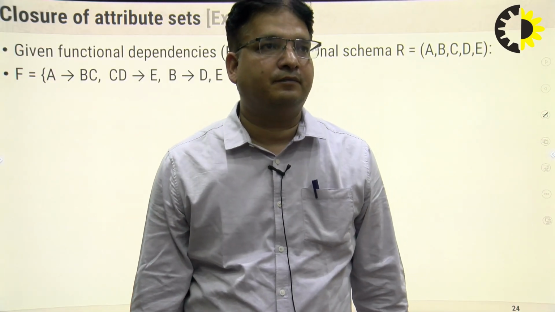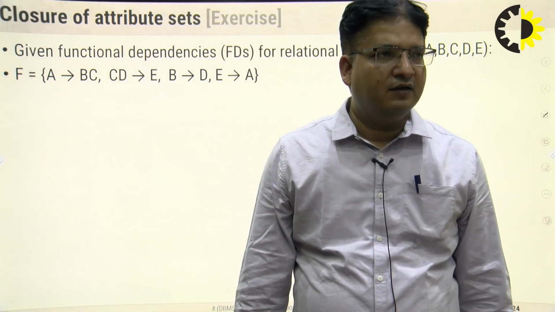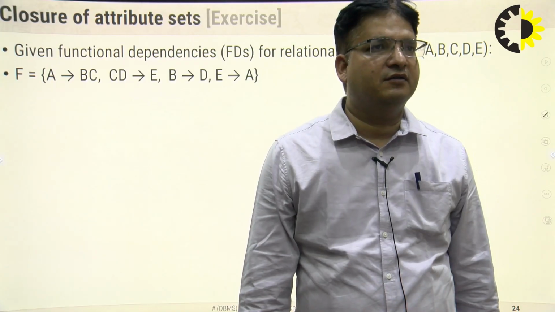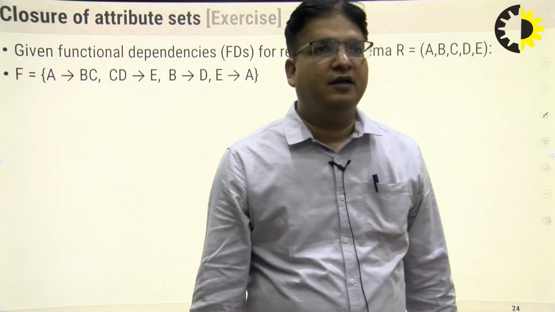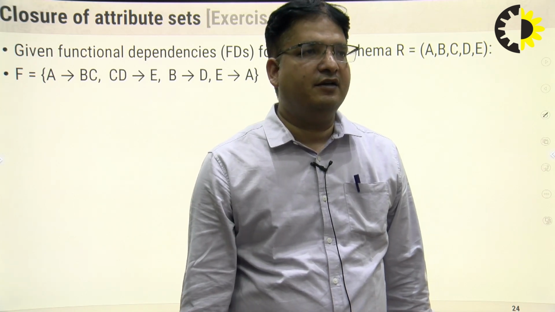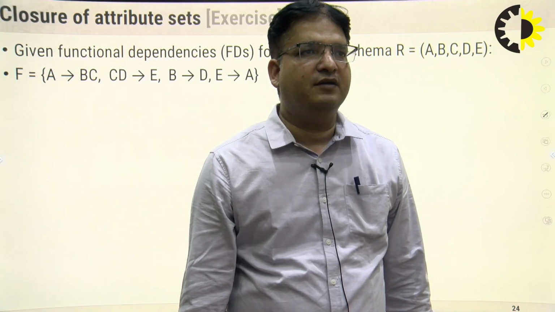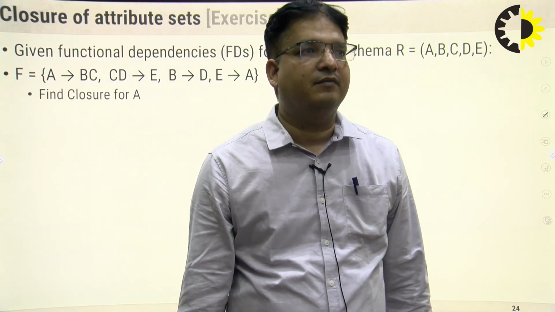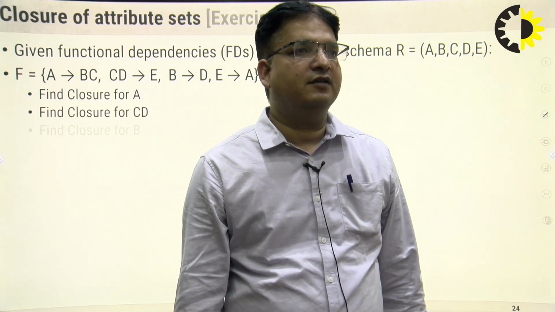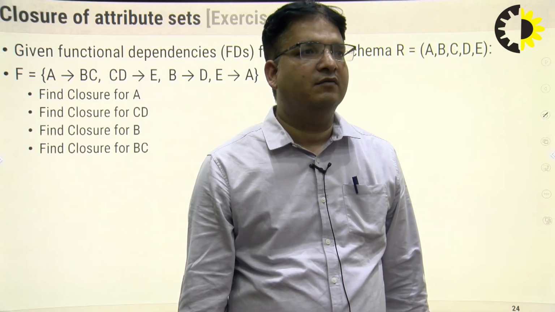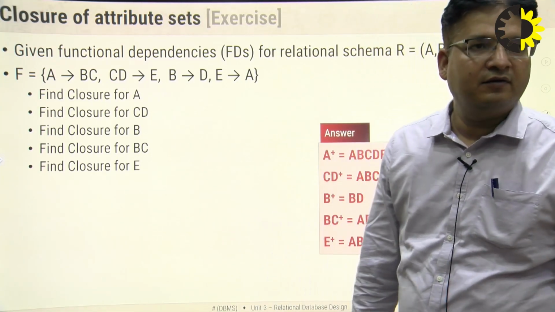Let us demonstrate it further with one more example. Given a set of FDs for relation schema R having the attributes A, B, C, D, E: A determine BC, CD determine E, B determine D, and E determine A. Find the closure of A, of CD, of B, of BC, and of E. Let us determine it.